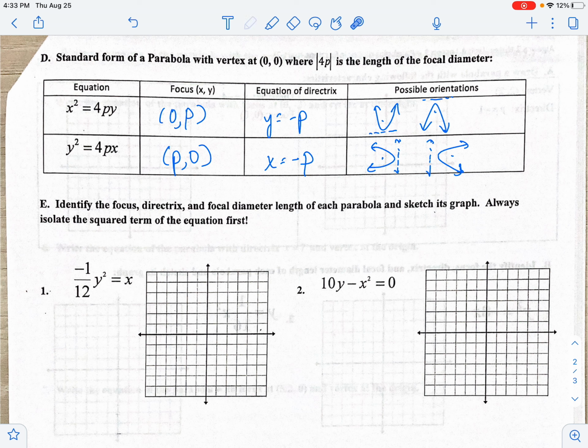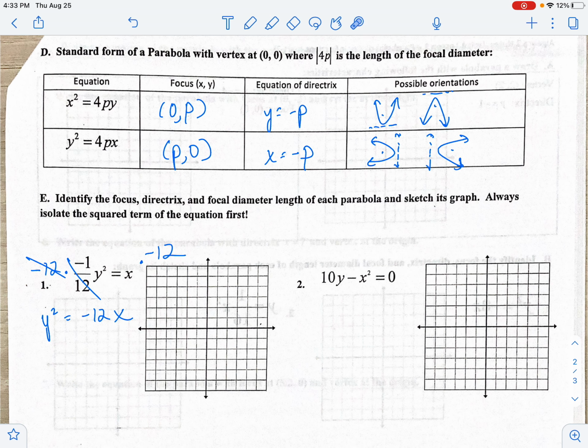Okay. So one way to get rid of that negative 1 over 12 is to multiply both sides by negative 12. And what that does is it cancels out the negative 12 and the 1 over negative 12 on the left side. So we're left with y squared equals negative 12x.